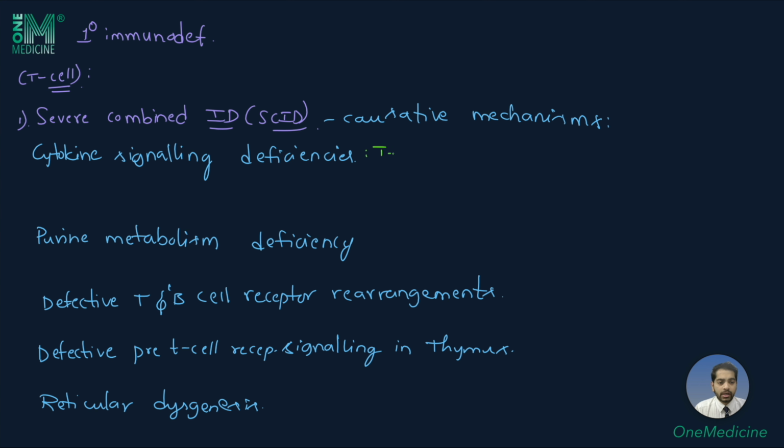In patients with absent T and NK cells, cytokine signaling deficiencies are the most common causative mechanism, contributing to 40 to 50% of the cases.